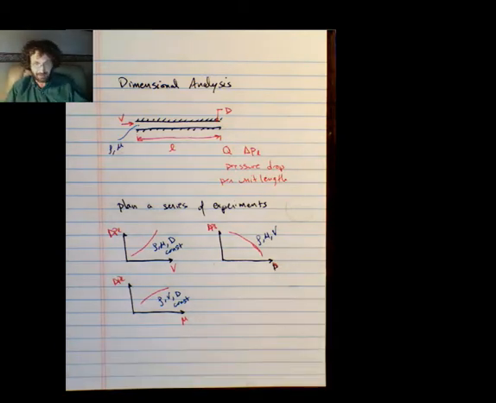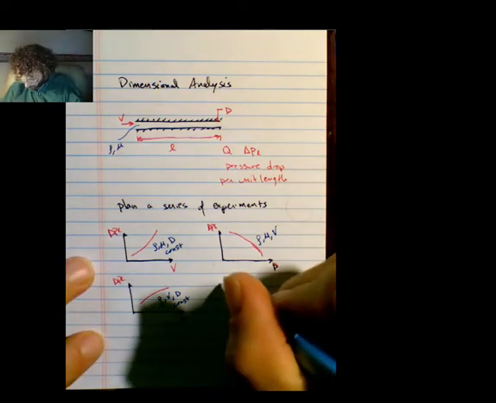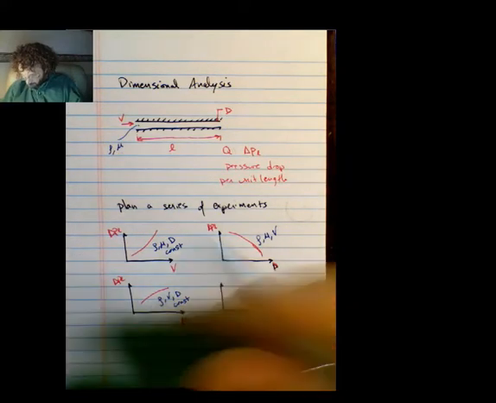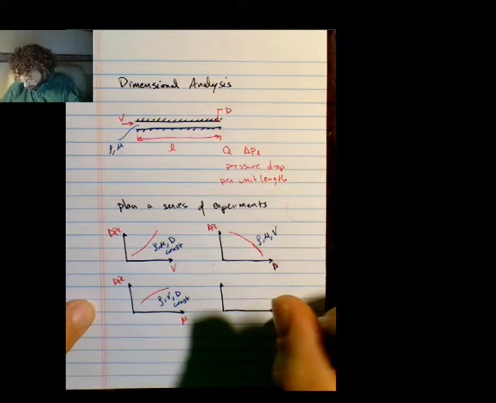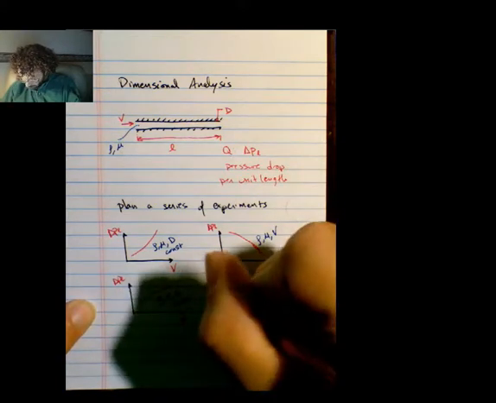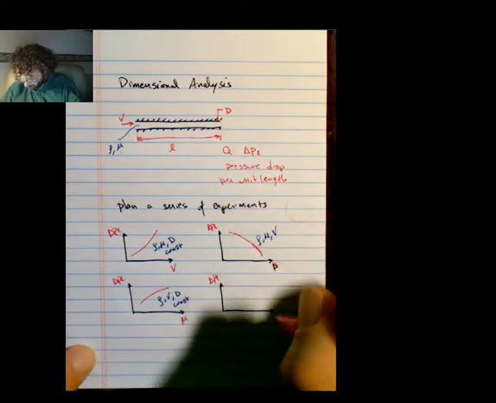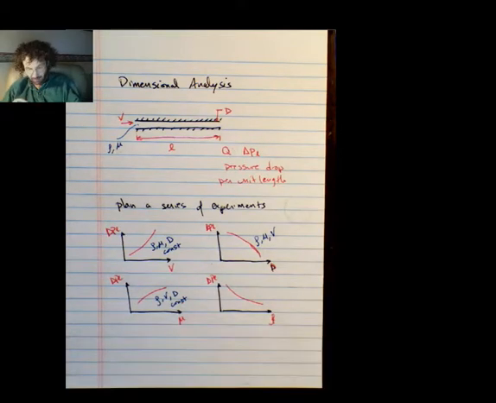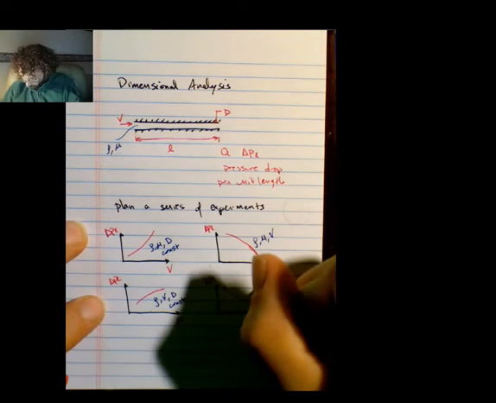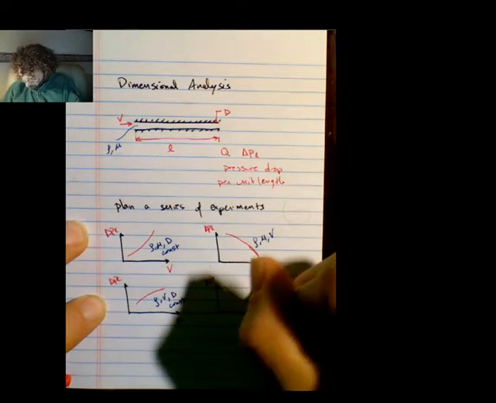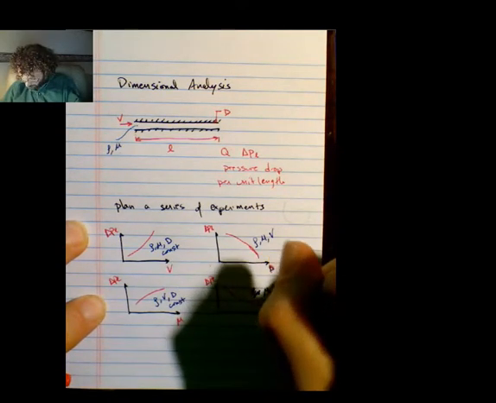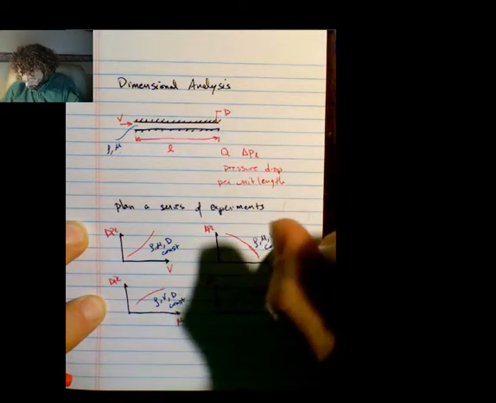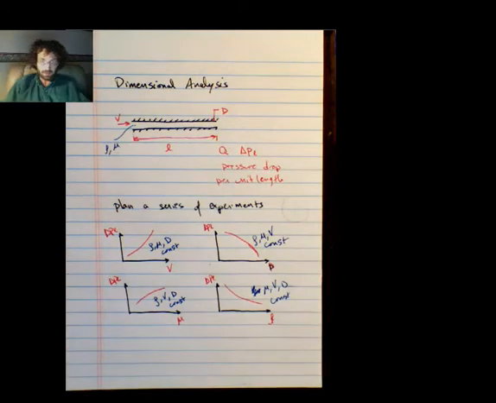And of course, the last set of experiments to round this out, we would change density. And delta P sub L, we'd measure that, and it's really unclear. I expect it would go down here, and we would keep viscosity, velocity, and diameter constant in this case, for that set of experiments.